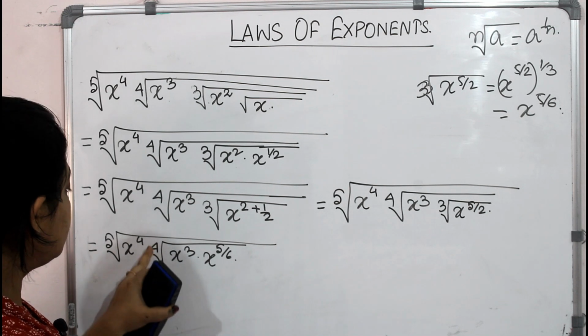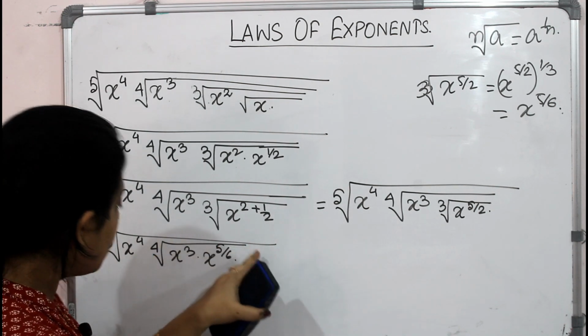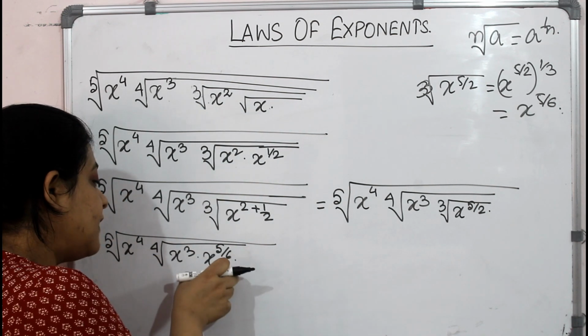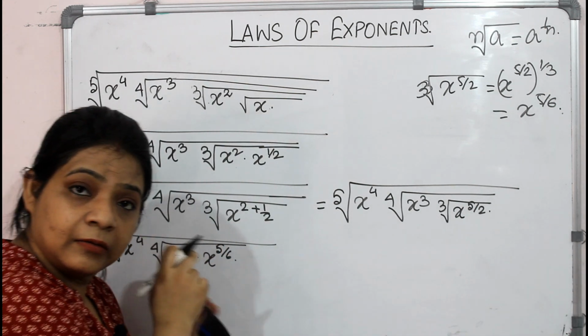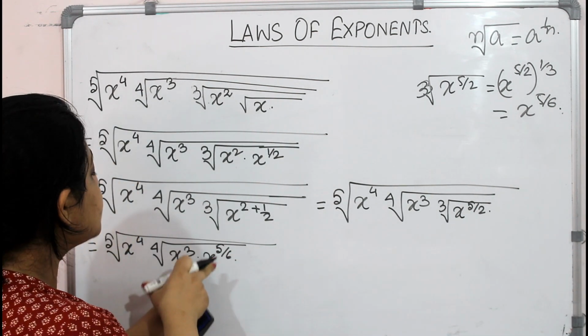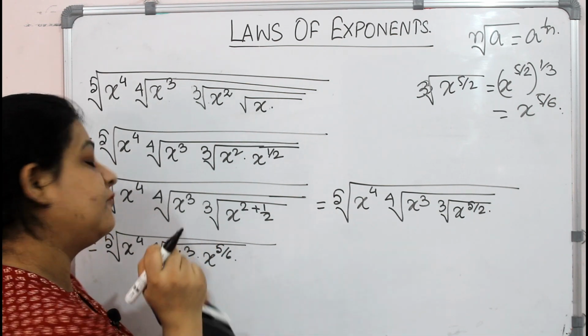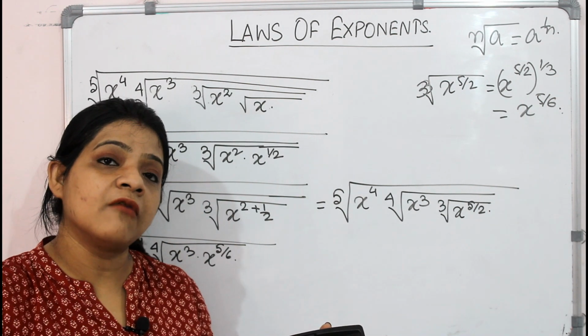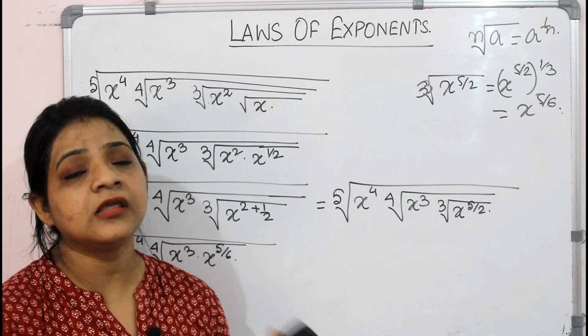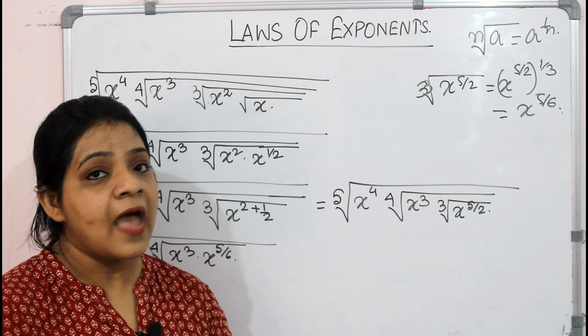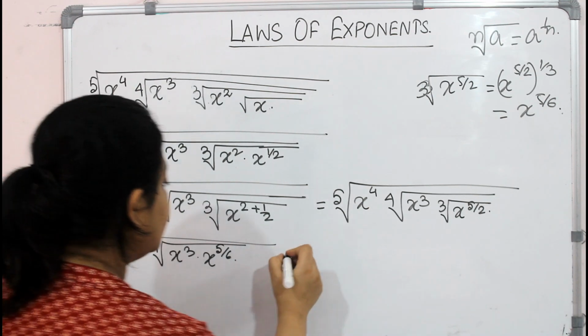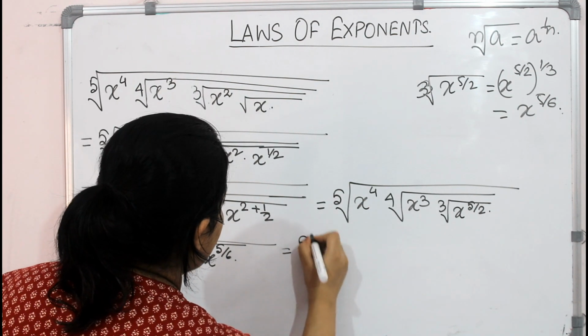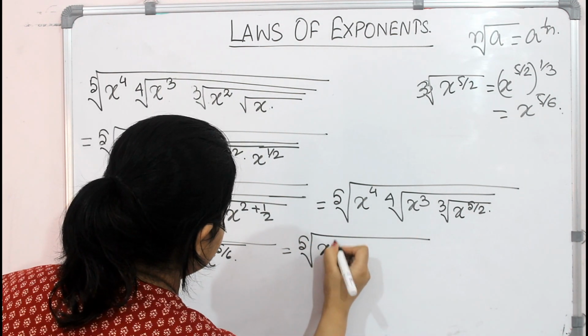Okay, now if you see under this fourth root, you are having two expressions which have the same base but different powers. So again you will go with the formula a to the power of m into a to the power of n equal to a to the power of m plus n. So what will you do? Fifth root of, again we will write it as it is.